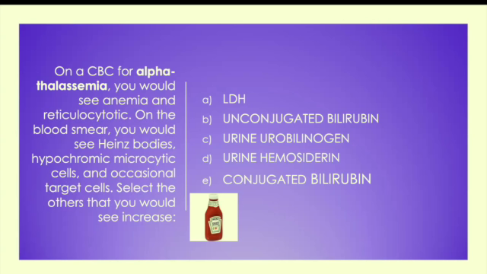Now that's not going to go up because, no, I don't think it goes up. Conjugated bilirubin is typically elevated in conditions affecting the liver, such as hepatobiliary disease, but it is not directly related to the alpha thalassemia. So that's why we're not going to have that one increase. All right, so it was the first four.